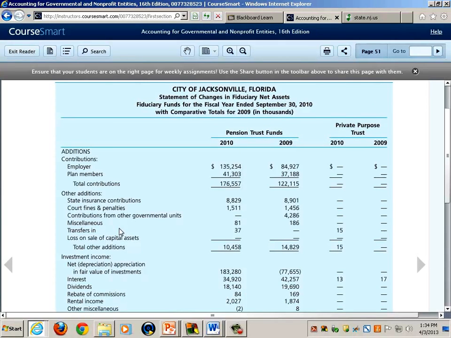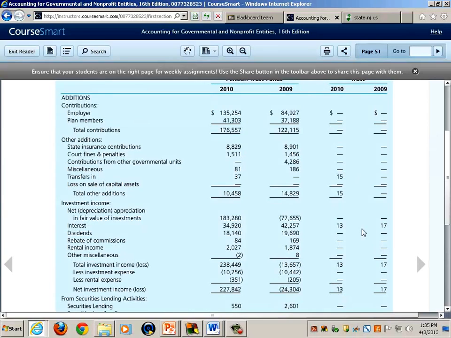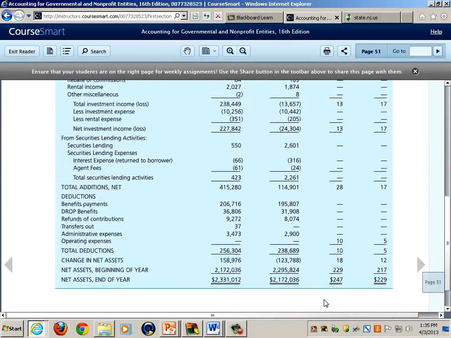So what are fiduciary funds again used for? One of the largest uses is for pensions, and we'll talk about that very shortly. We'll cover the easy parts first. When you look at the pension trust fund compared to the private purpose trust fund, and you don't even know what that is with the private, look at the net assets of the pension trust fund.